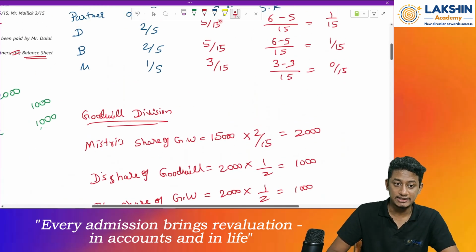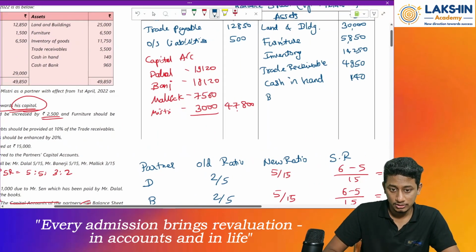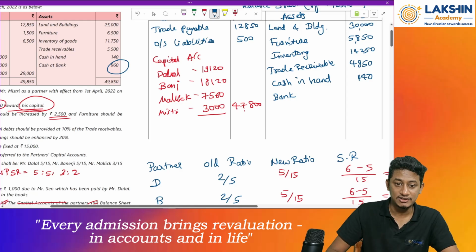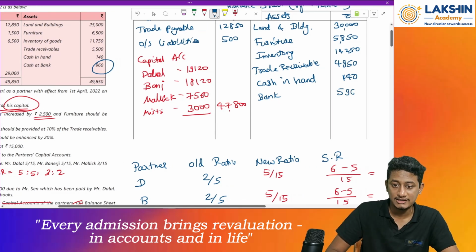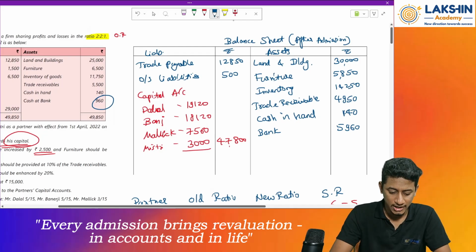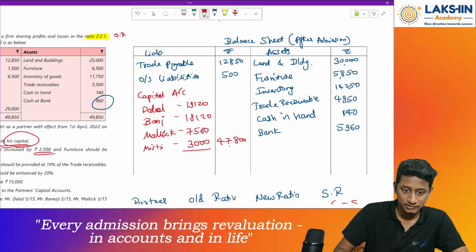So increase the bank balance by 5,000. 960 plus 5,000 would be 5,960. Check if the balance sheet tallies. First of all, liabilities: 12,850 plus 500 plus 47,800 equals 61,150.